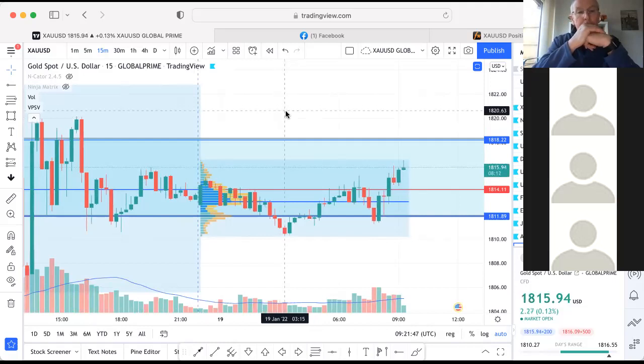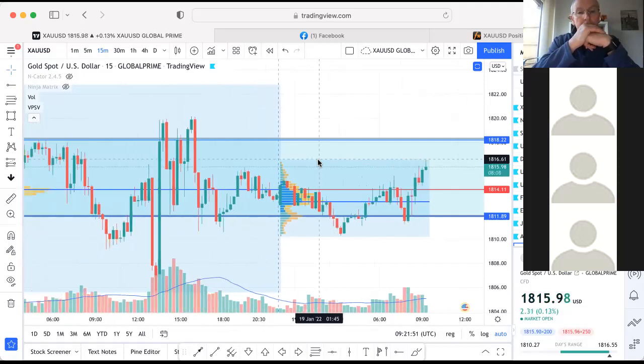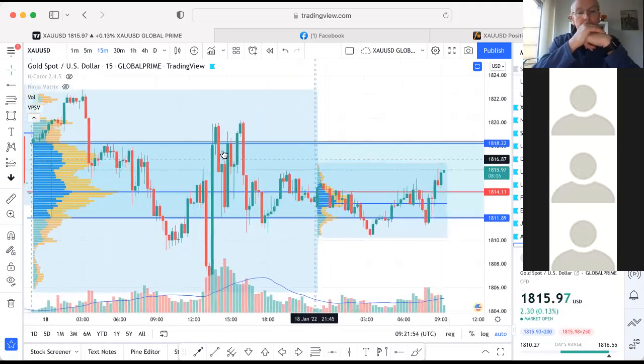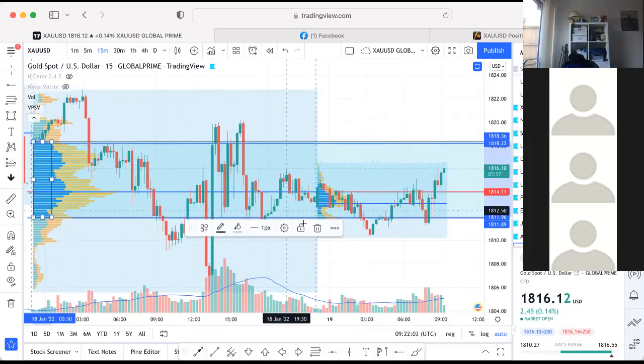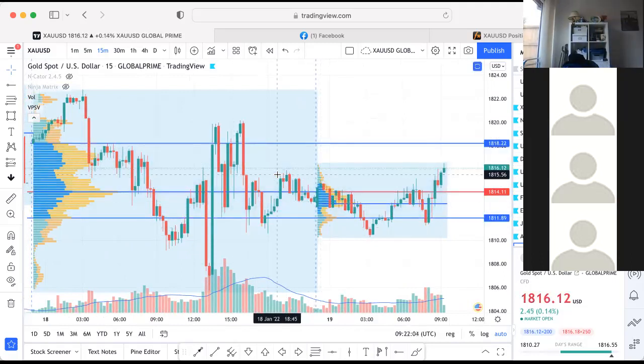So if I was looking at my chart, if I'd just come to the chart for today and I looked at yesterday's value area, I'll just get rid of that blue there. So we've got the value area there, which is from the top of that section there to the bottom of that section there, and I've also superimposed a line on the POC.